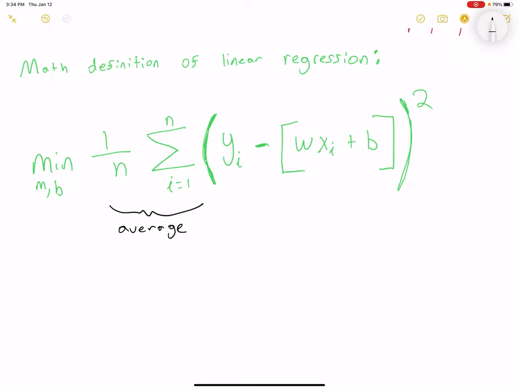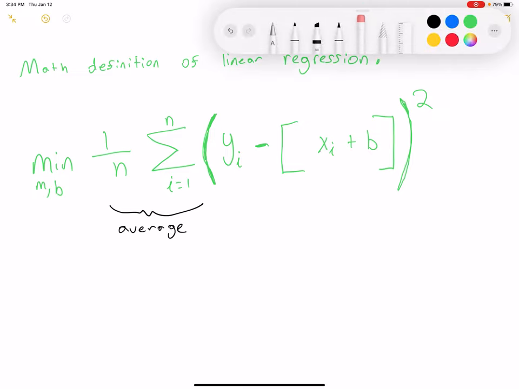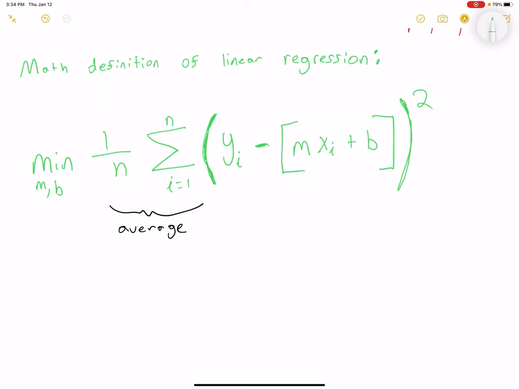Yes? Shouldn't the W have a subscript of i? Good question. So no, and the reason is because the W, or the M, I guess it should be M just to be correct, is the learned slope of the equation. So let's say you learned y equals 3x plus 1, and then if x sub i is 0, you would predict 1.